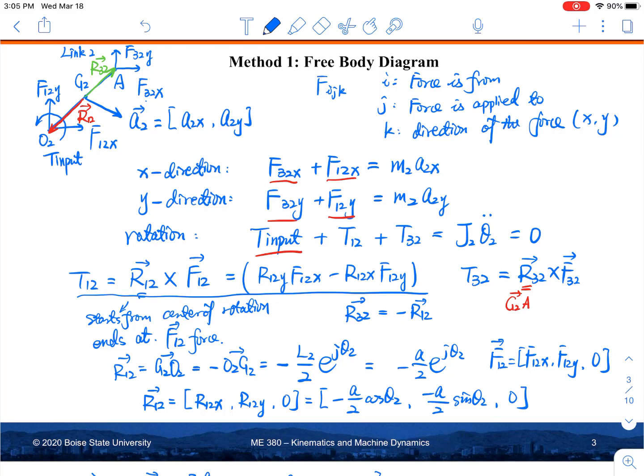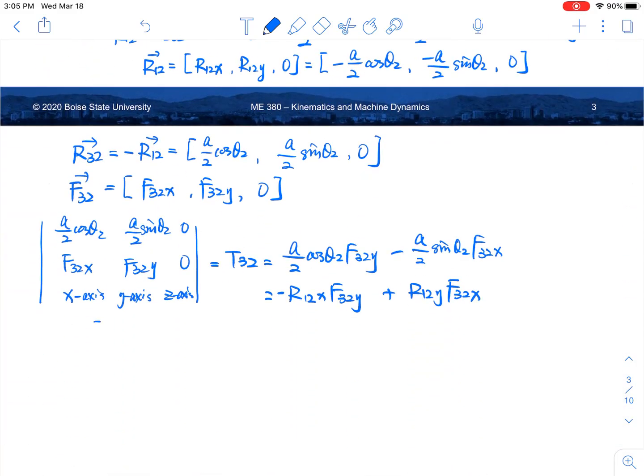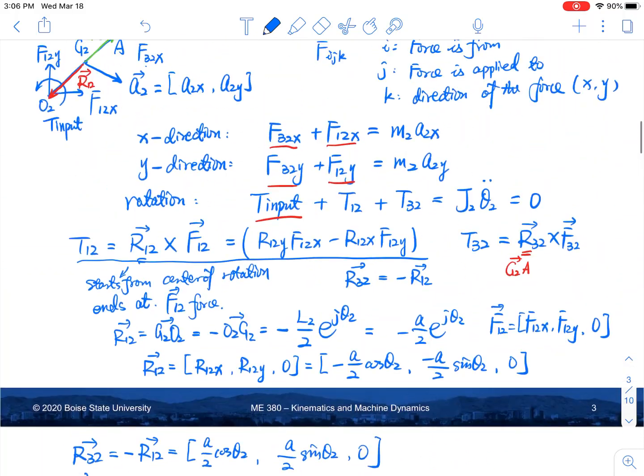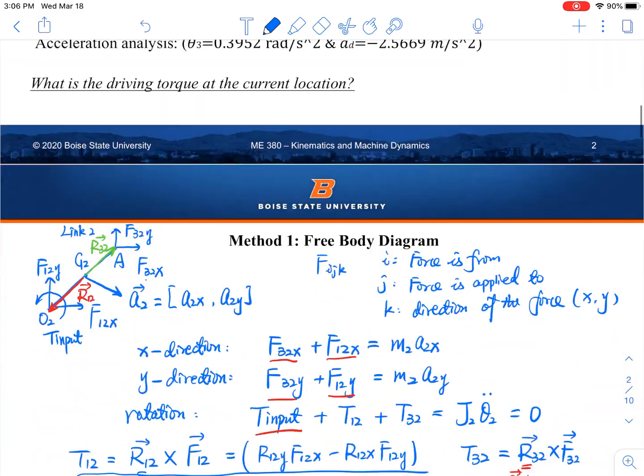If theta 2 double dot is not 0, then we need to calculate J2. Your J2 is actually 1/12 m2 L2 squared, and then it's 1/12 m2 a squared, right? So m2 is the total mass of this link. We know this is a rod. The rod has a radius of 0.1.